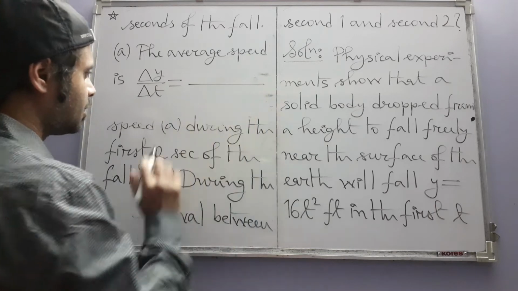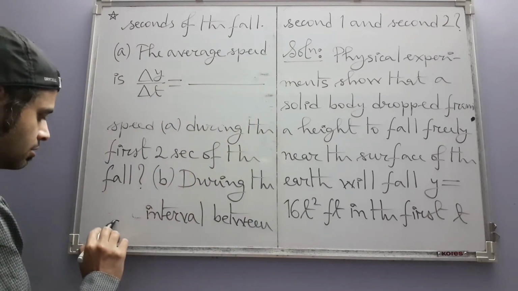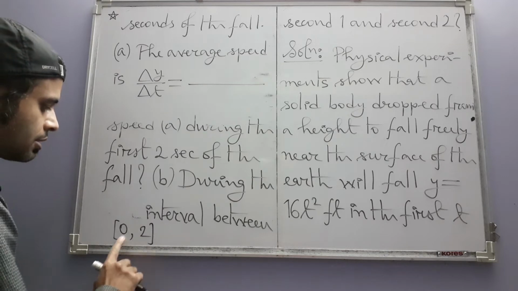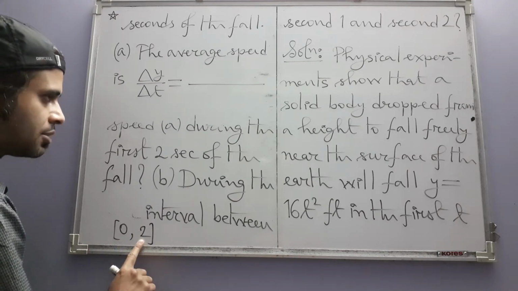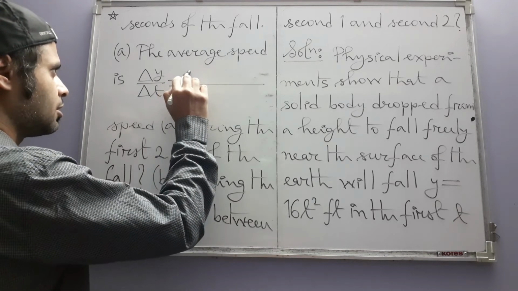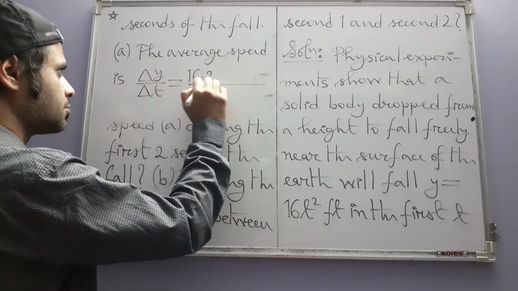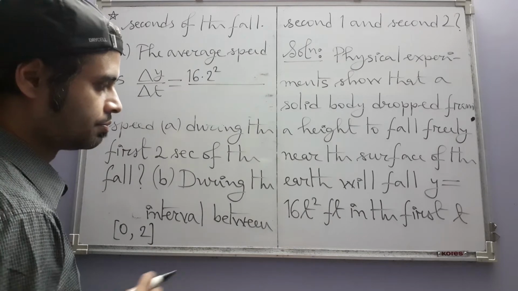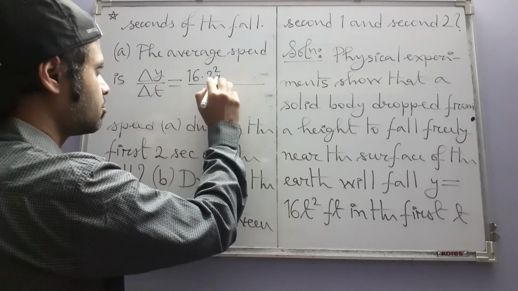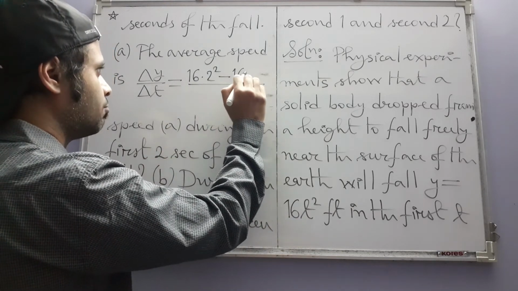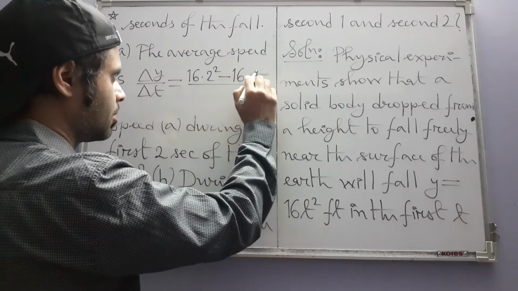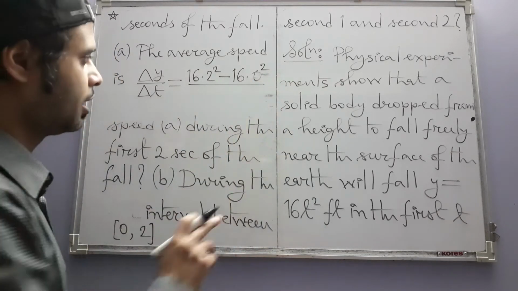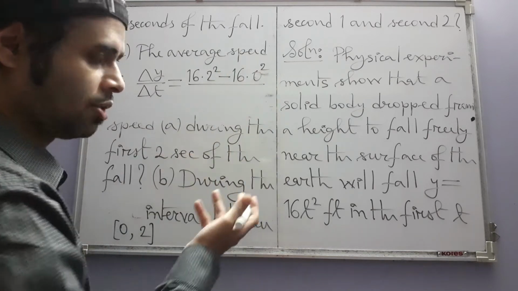So the interval in this case is 0 second to 2 second. What happens at 2 second? The body has fallen this much, 16 t square, 16 times 2 square. And when the body was just being dropped, where no time in fact has elapsed, the body has fallen this much.